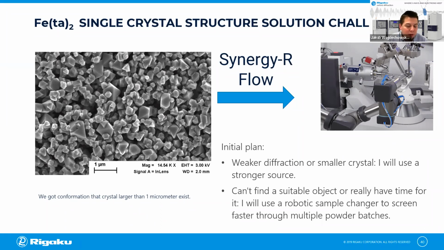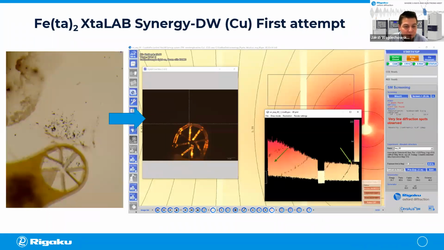I will just mount hundreds of those batches of the powders, and I will find some single crystal out of it. And I started doing that, so you can see that this is a picture from the microscope. It's literally a very, very fine powder.